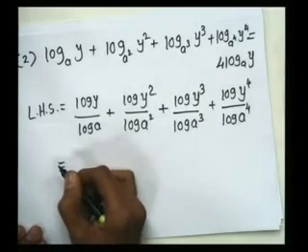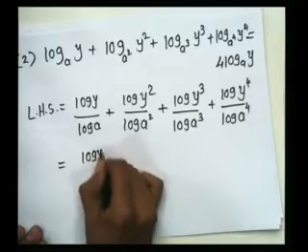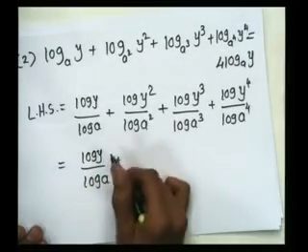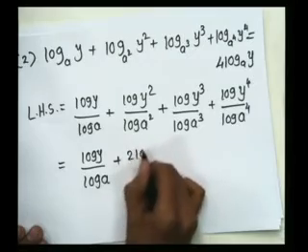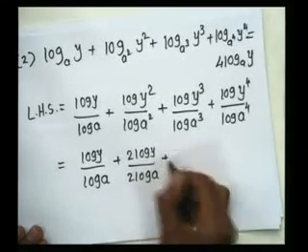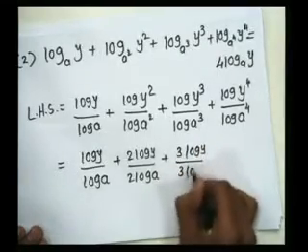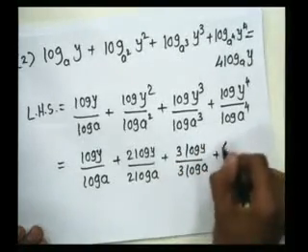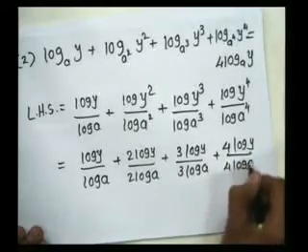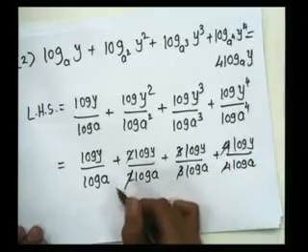Now we will apply power property of logarithm. First term remains as it is, log y by log a. Then using power property, power will come forward, 2 log y by 2 log a plus 3 log y by 3 log a plus 4 log y by 4 log a. 2, 2, 3, 3 and 4, 4 will be cancelled out.